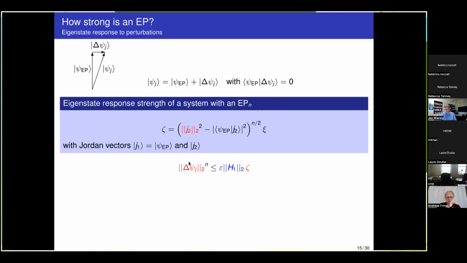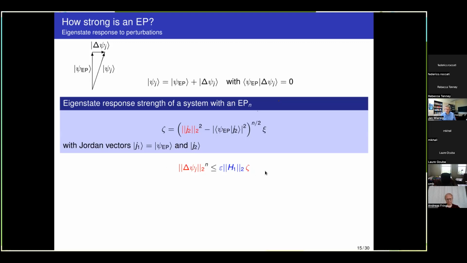So here on the left-hand side is very similar to what we have seen with the splitting. On the left-hand side, you have the change of the eigenvector, the vector norm to the power of n, bounded from above by a product of two factors. One, again, only depends on the perturbation. That's the same as we had before. Then we have another one which depends only on the exceptional point. We call it zeta.